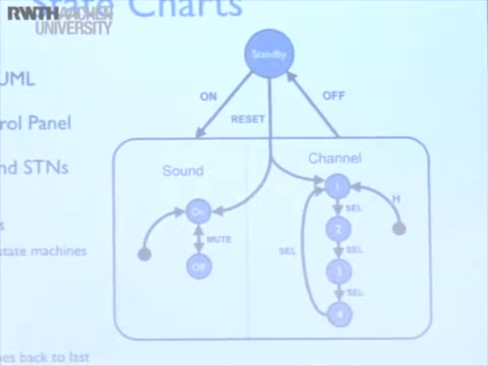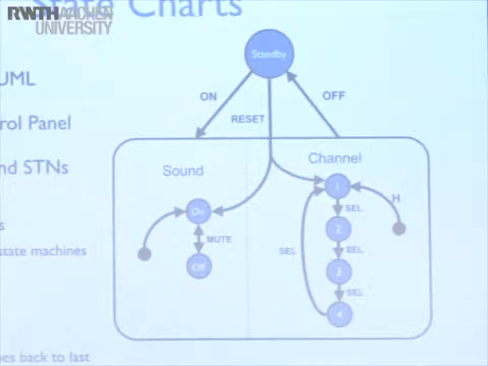But if we want the system to remember where it was last time it was running, we write a little h next to that arrow. What this means is the first time this state transition network gets activated, it starts in state 1, which means when you unpack your TV and turn it on the first time, it will start on channel 1. But if you then turn it off and turn it back on later and enter this compound state again, the channel will remember where it was last time before it was deactivated by pressing off.